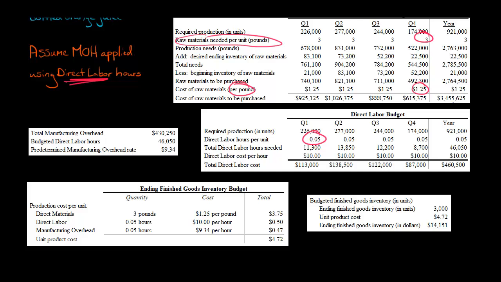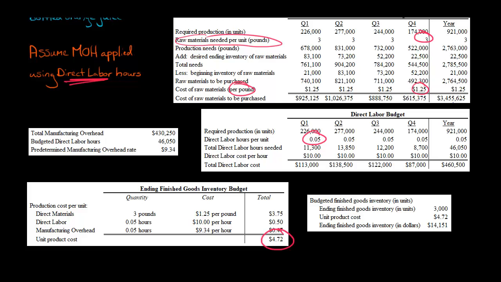Now, we already said before from our production budget that our desired ending finished goods inventory is going to be 3,000 units. That comes from the production budget. That was the first one we looked at in this video. So 3,000 units or bottles of orange juice we want to end the year with.